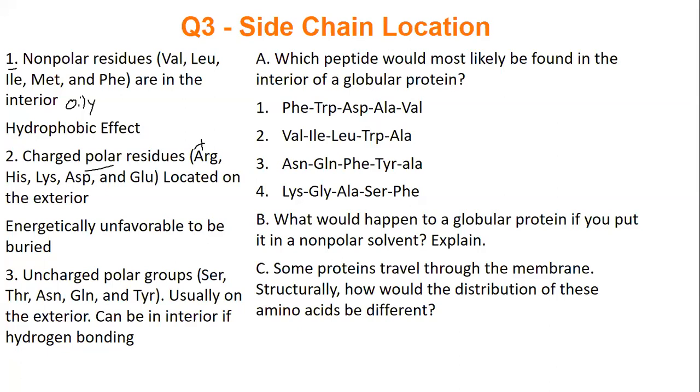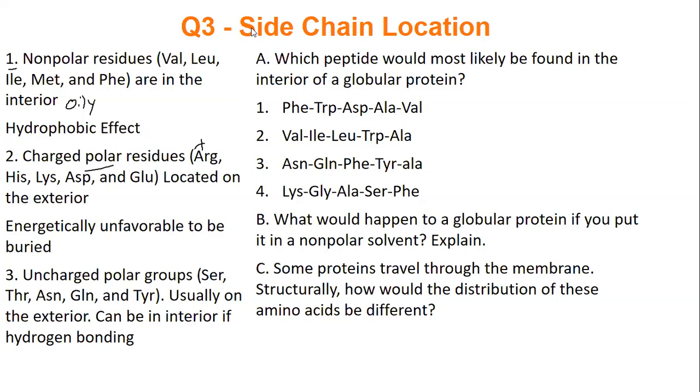Although there's no charge in there, asparagine, glutamine, and tyrosine to a little extent are somewhat polar. So they could be in the interior, but not as likely as our second sequence. And then the third one, we have lysine, which is probably positively charged, so it won't want to be there.